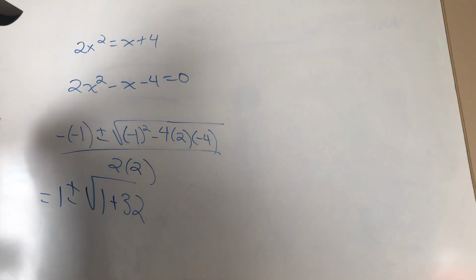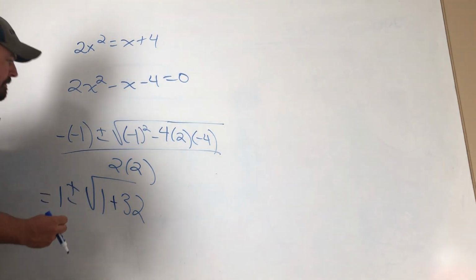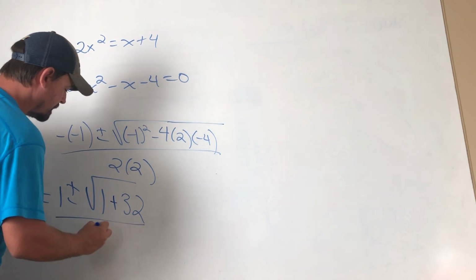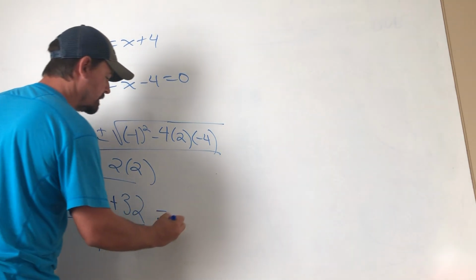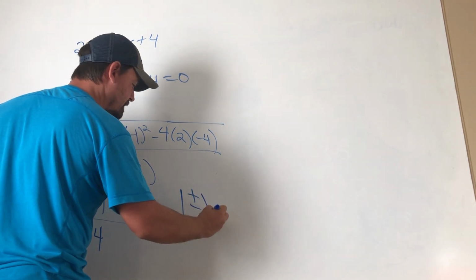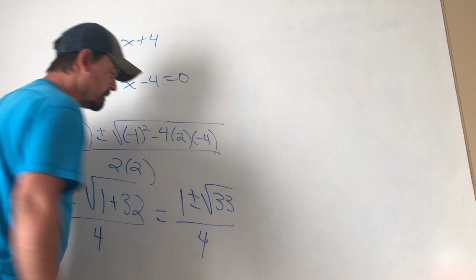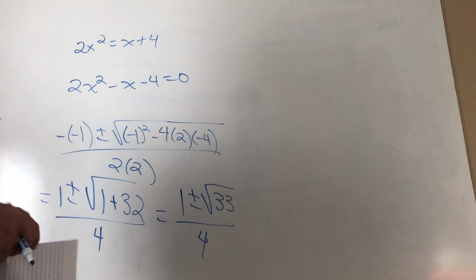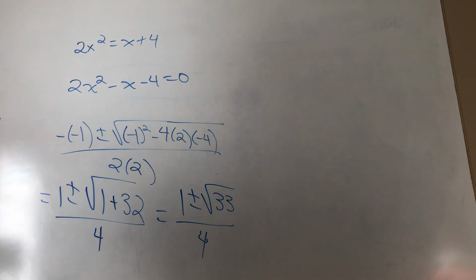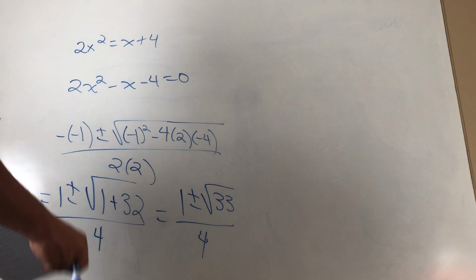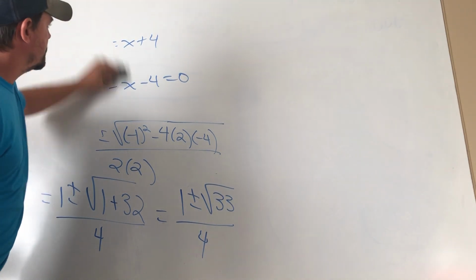So we got ourselves a positive 32 here, over 4 down here. So what we get is 1 plus or minus the square root of 33, all over 4. And 33, I don't believe, can be reduced any with that square root. All right, on to the next one.